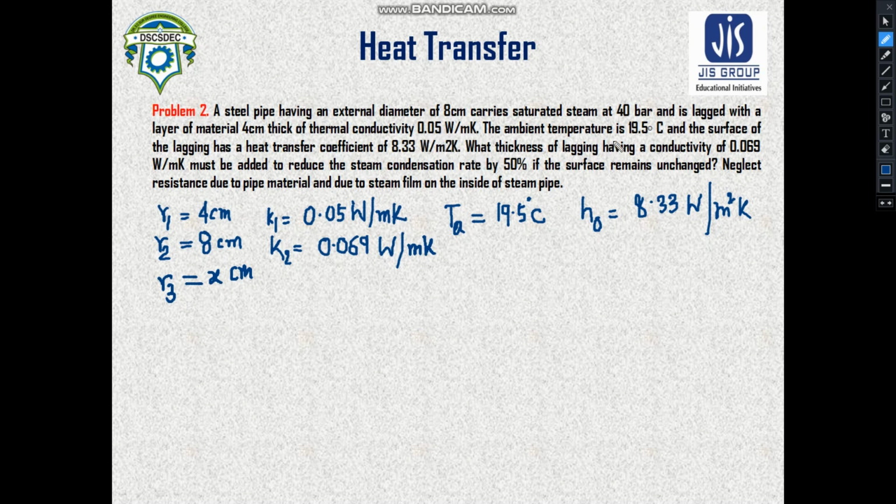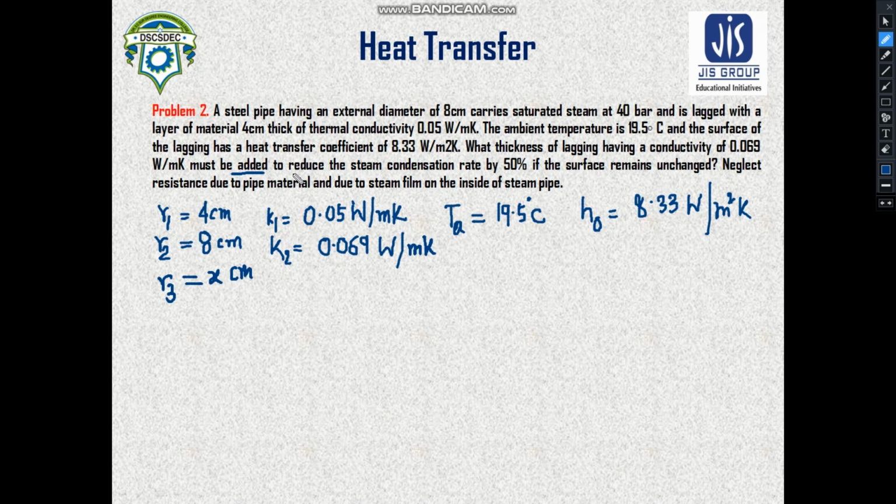The ambient temperature is 19.5 degrees Celsius, and the surface of the lagging has a heat transfer coefficient of 8.33 watt per meter square Kelvin. What thickness of lagging having a conductivity of 0.069 watt per meter Kelvin must be added to reduce the steam condensation rate by 50% if the surface remains unchanged? Okay, so it is the question here.